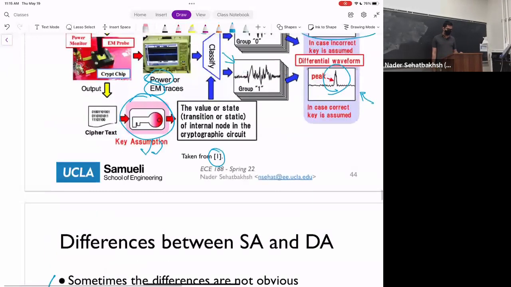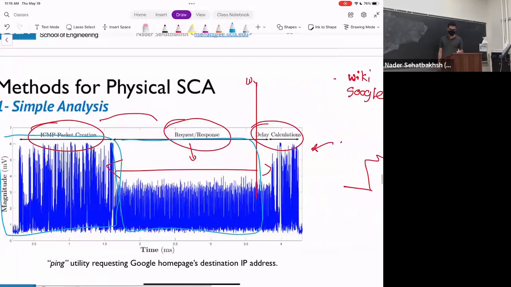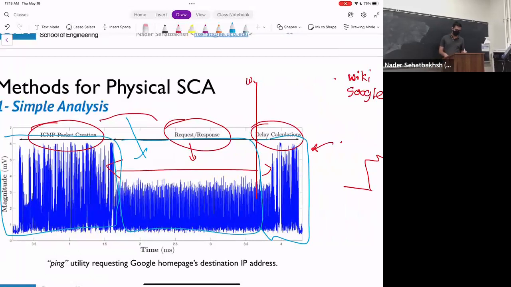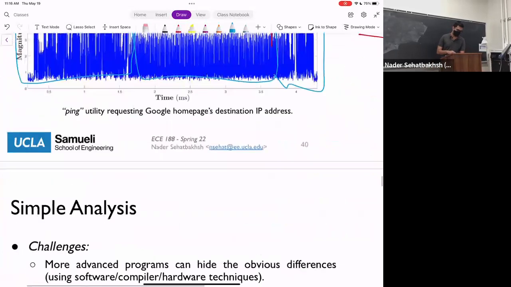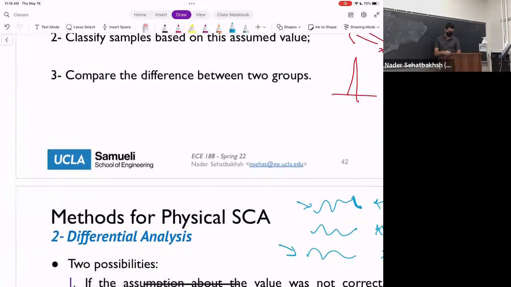So if you go back, for example, to this scenario here, what you can do is say, okay, using simple analysis, I can at least find these different phases. And then, for example, if I want to see the response or analyze the response, then I can launch some sort of differential analysis attack in this part of the execution. Okay, but typically, you see a combination of differential analysis and simple analysis.